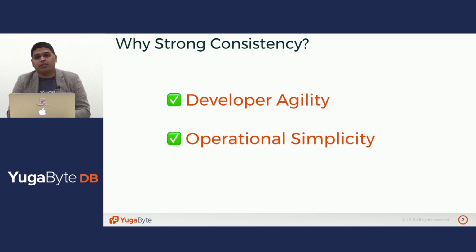On the operational front, there is operational simplicity in using a strongly consistent database, with things such as node additions, node removal, and ensuring highly dense data sets can be stored inside the database. All these are very important aspects as we move towards cloud native infrastructure and cloud native databases.